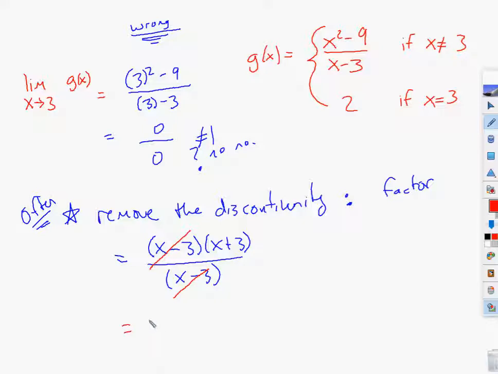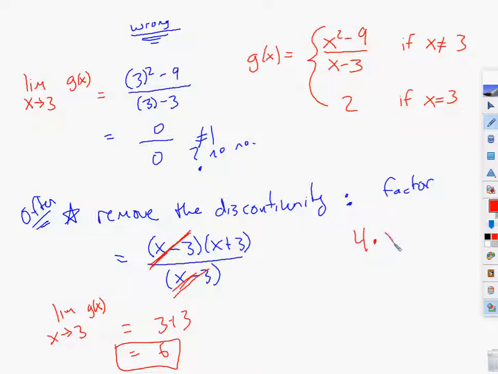So now, when I take this limit, as x approaches 3 of g of x, I get 3 plus 3. I get 6. That is nowhere near 0. It is not 1. Neither of those answers is actually it. This is equal, right? I can reduce fractions.